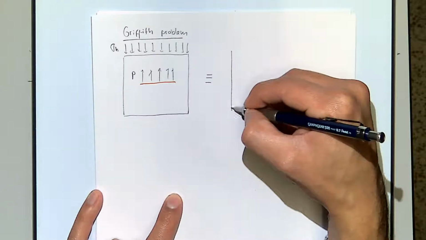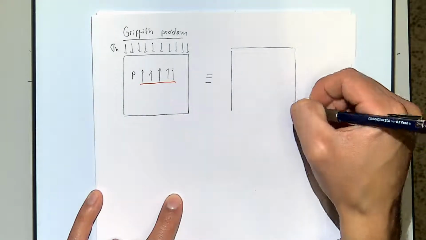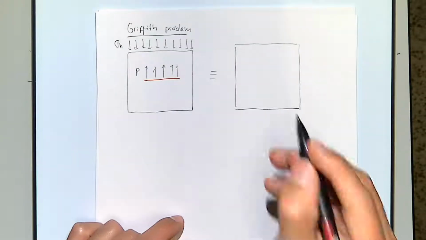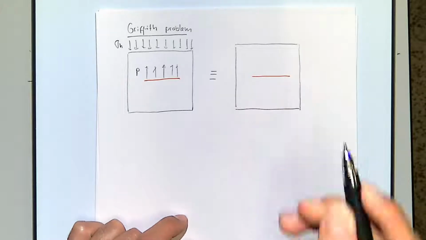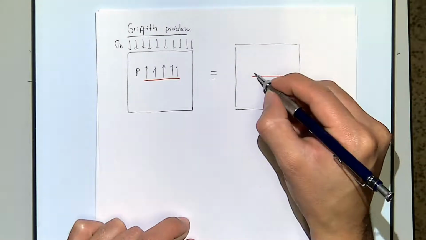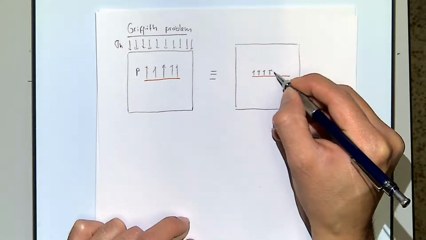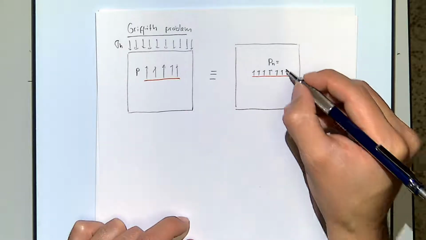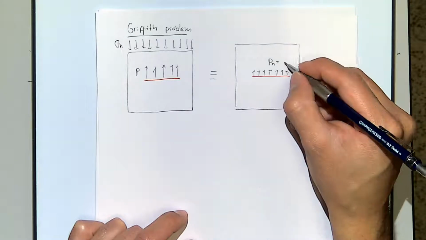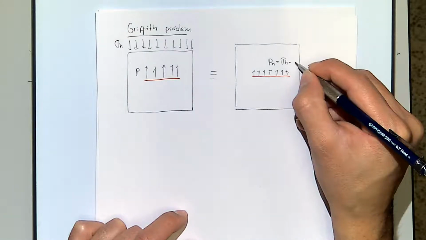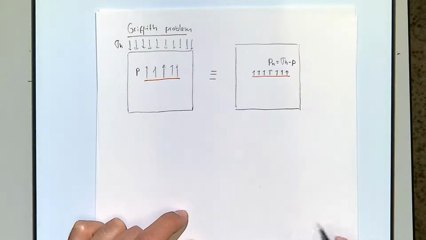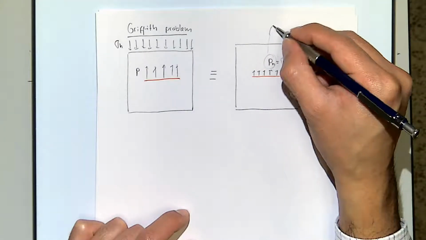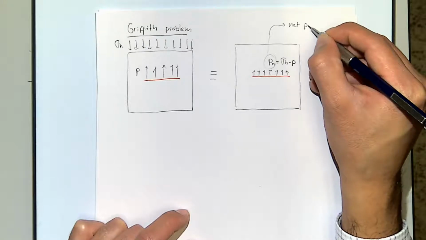This is equivalent to solving a problem in which we have the same linear crack, and this is just possible because we're assuming linear elasticity, with a pressure inside where that pressure is equal to the far field stress minus the pressure in the fracture, and this is what is called net pressure.